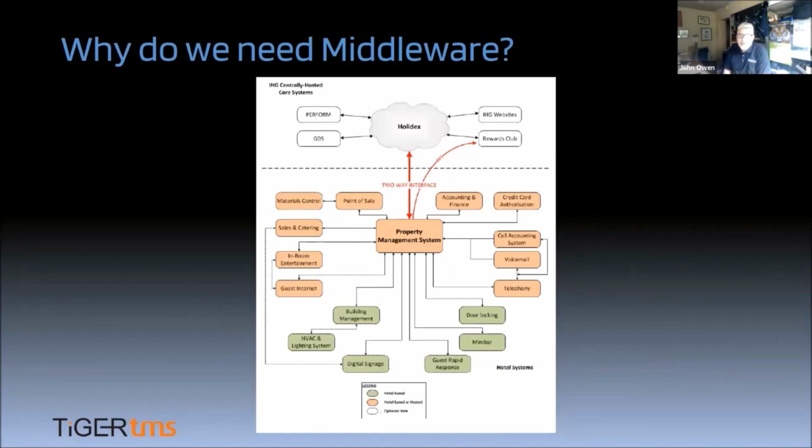So why do we need middleware? To answer this question, I'll bring up an architectural slide of yesteryear from a very well-known hospitality group. As you see, the PMS is centrally positioned in the architecture with all of the other applications directly connected to it.